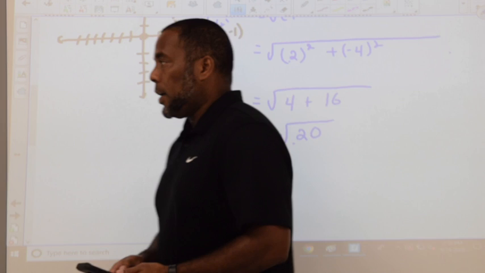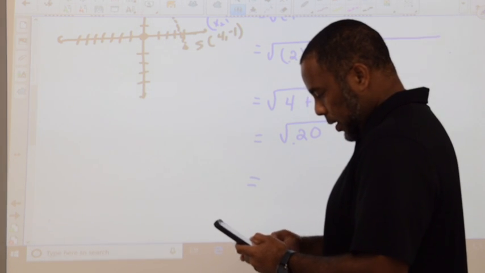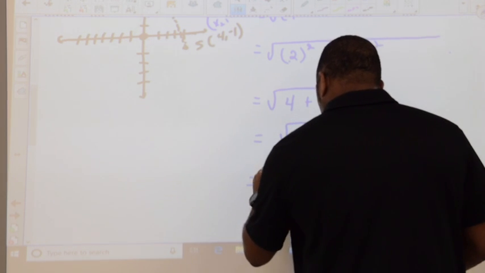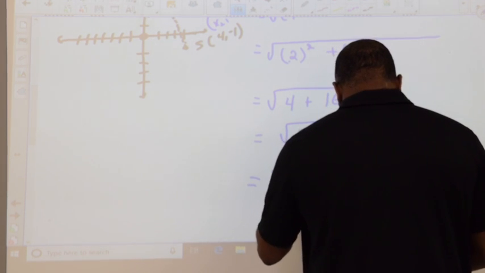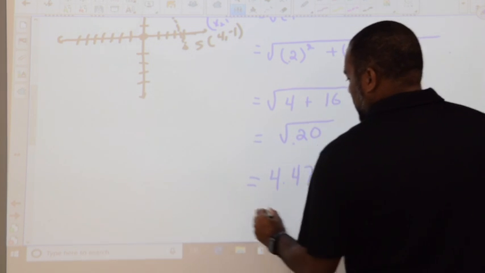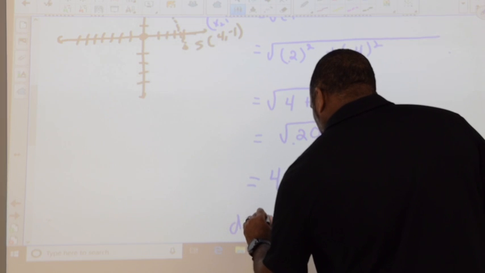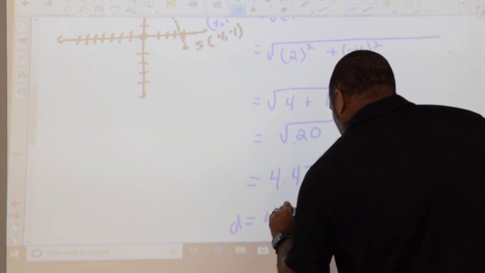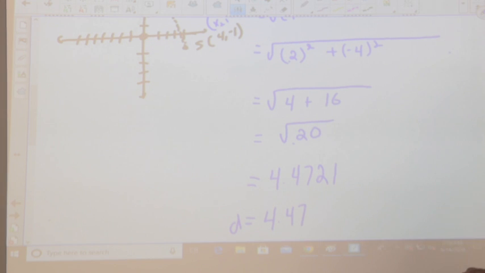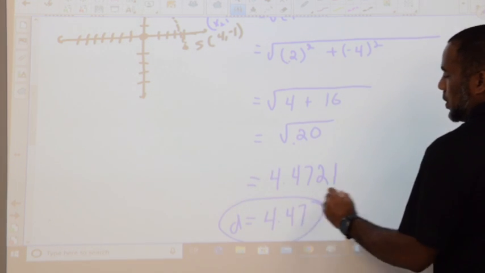The square root of 20 is approximately 4.4721 decimal. And so D will round to be 4.47 to the nearest hundredths. And that's our estimate.